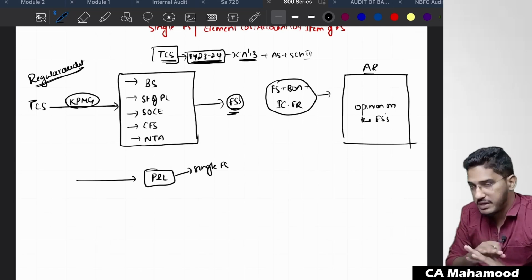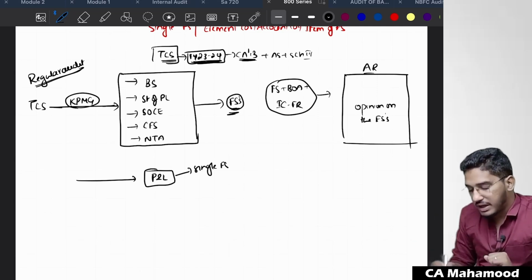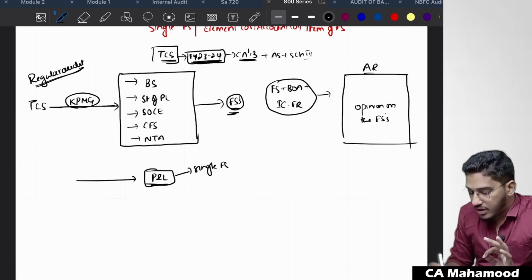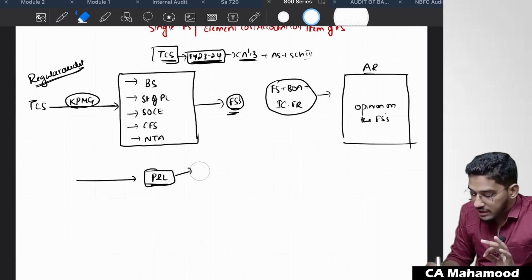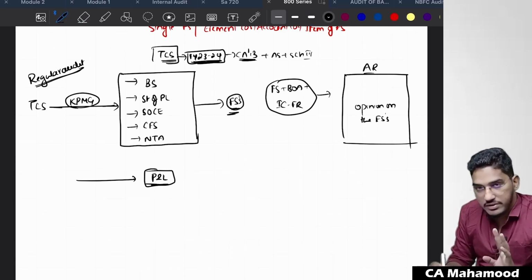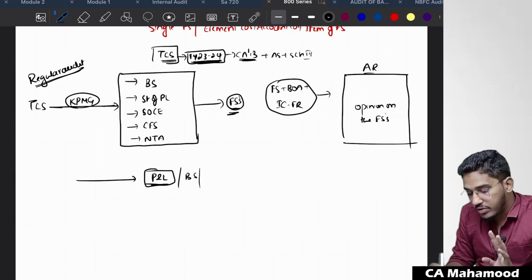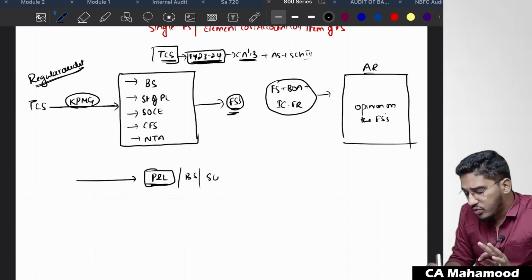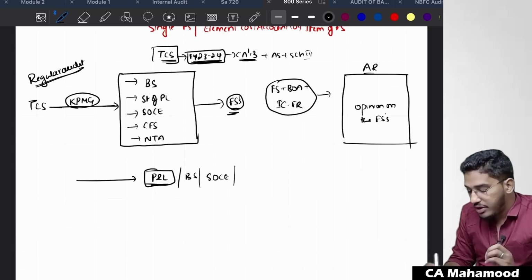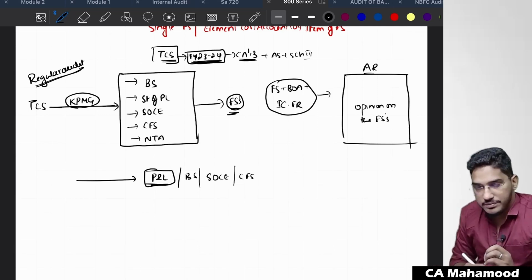In addition to that, they want only their statement of P&L audited, or only the balance sheet, not the complete set. Or they want only the statement of changes in equity audited, or only the cash flow statement.